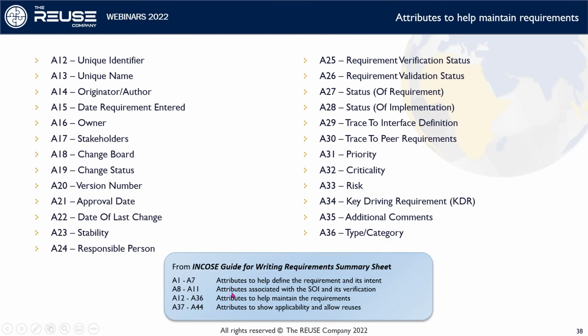And in the guide to writing requirements, the same document I was referring to earlier, there are sets of suggested requirements for different purposes. And this section here shows attributes to help maintain the requirements. Here are some examples. Identifier, of course, you would need to have an identifier for each object, name, originator, date, owner, and so on.